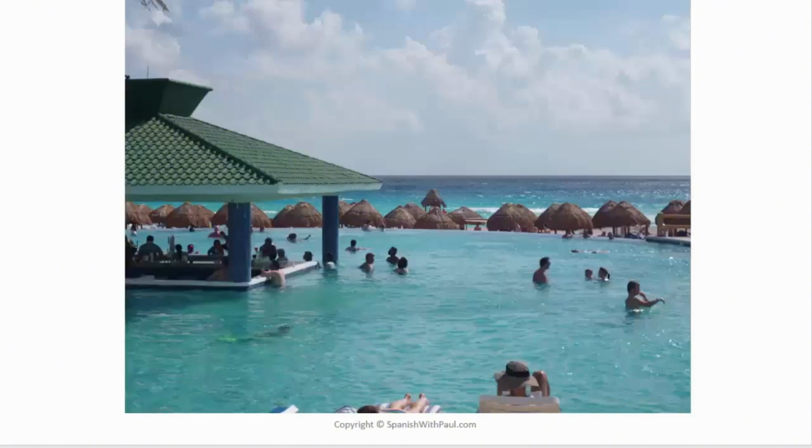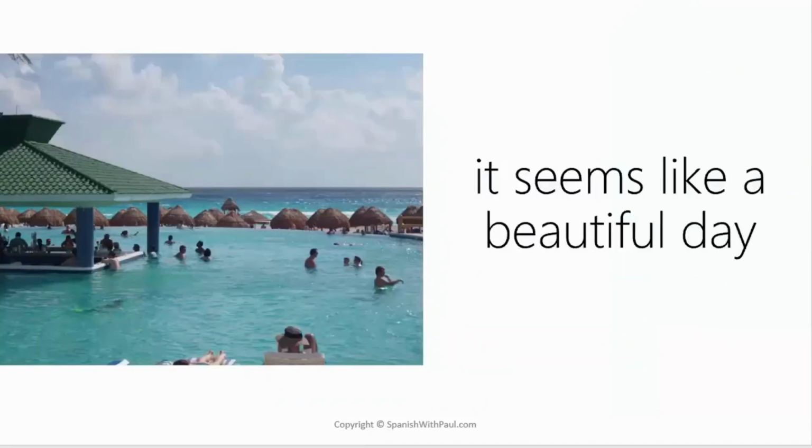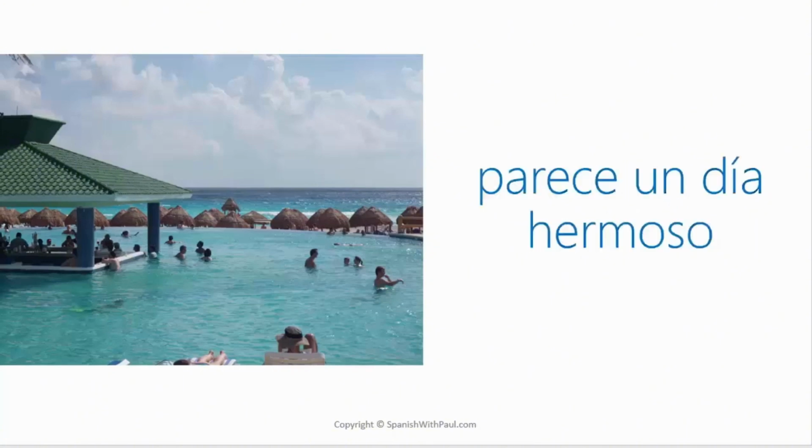Now, having identified a lot of vocabulary in this image and then activated that vocabulary through sentence practice, I'm sure that you feel much more empowered now to talk about what it is that you're seeing. Let's just do a little bit more practice. How would you say, it seems like a beautiful day? Parece un día hermoso.